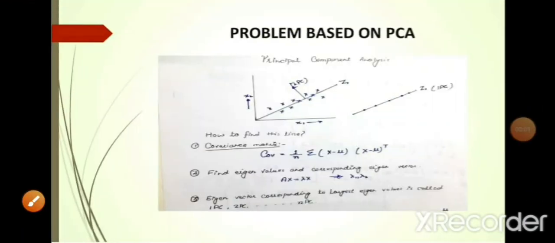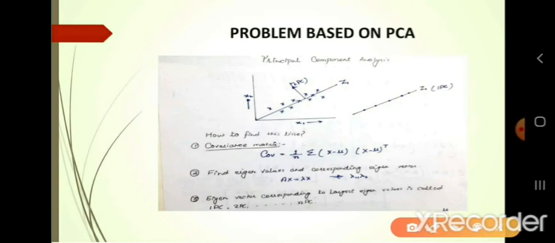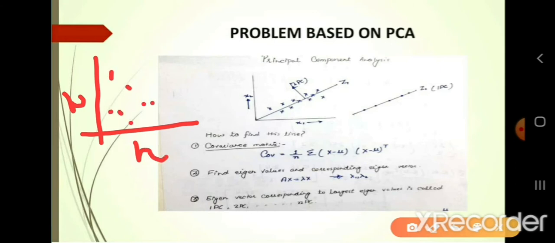Next, we will discuss one problem based on principal component analysis for better understanding. Suppose we have the data set of weight and height of some students, and the data is distributed like this.